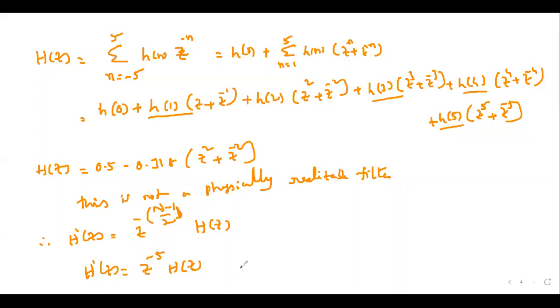Okay, now we'll find this out. H dash of z is equal to z power minus 5 into 0.5 minus 0.318 into z square plus z power minus 2. Right?